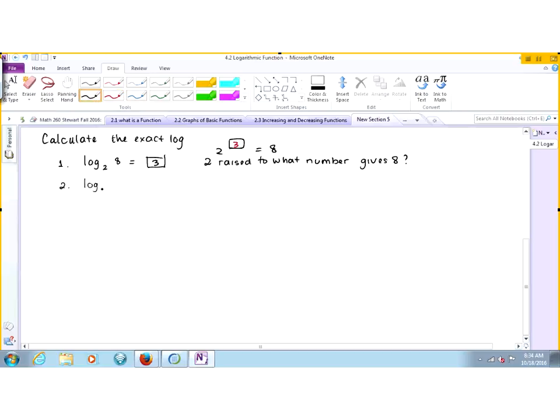And then I could ask you, what is log base 3 of 1 over 27? What am I asking? 3 raised to what number gives 1 over 27?